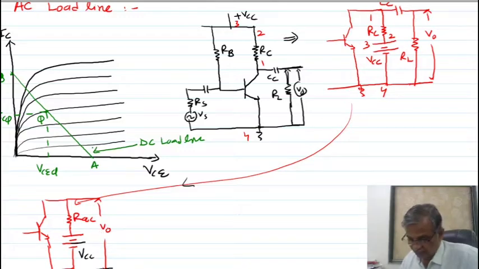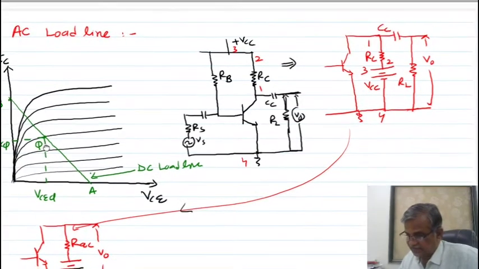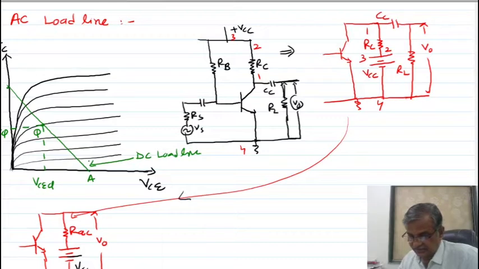I told you, whenever you apply an AC input signal, it is necessary to calculate the AC load at the output. AC load at the output can be calculated by finding the impedance of all the components present in the output section. So I have to find the impedance of VCC, RC, CC and RL.